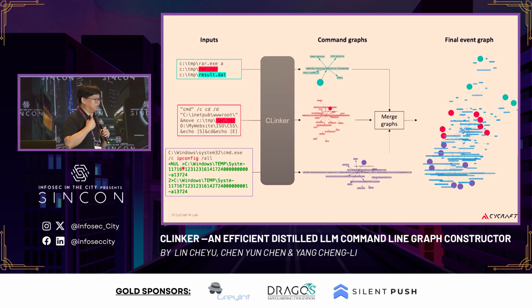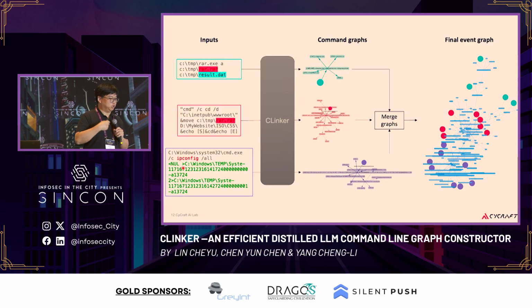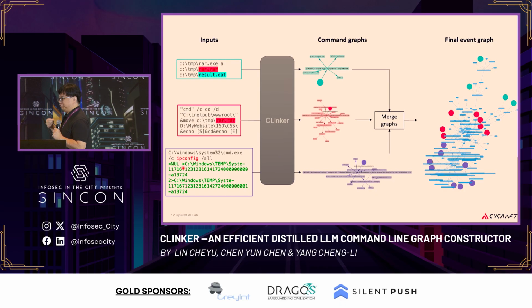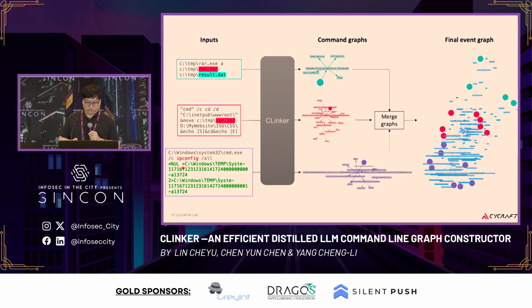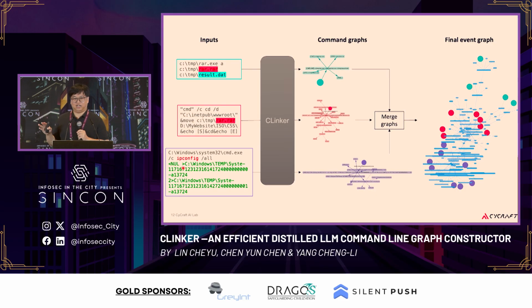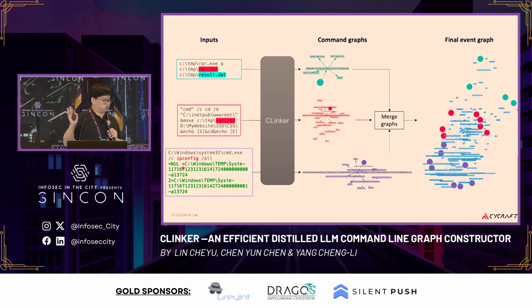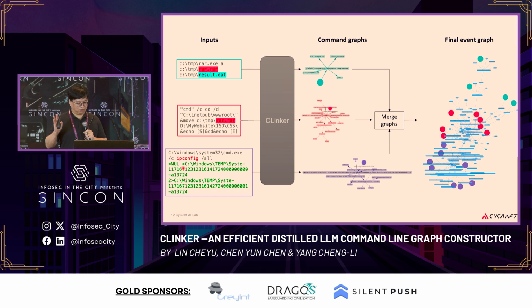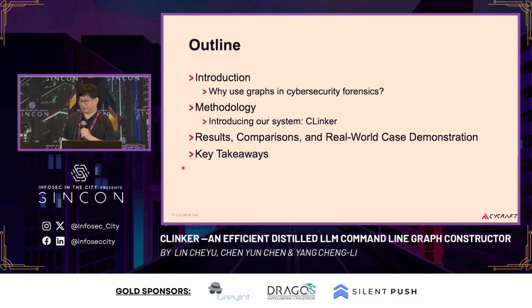That can help us infer which command was not identified in the first place, but which we can utilize further. So this is the basic idea of our research, and then Laura and Jerry will give you a much deeper dive into our research. So I will hand it over to Laura.